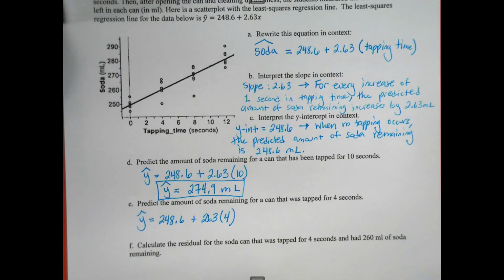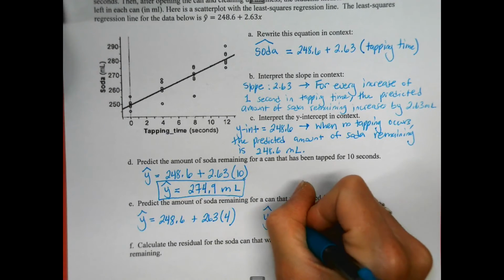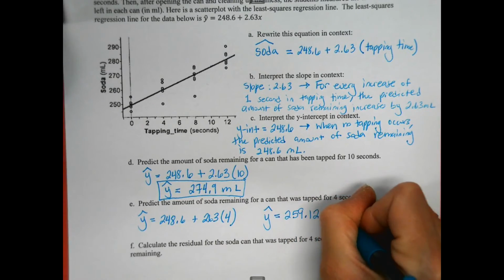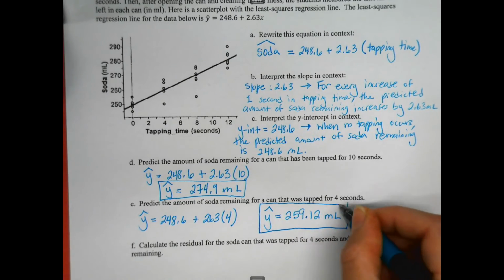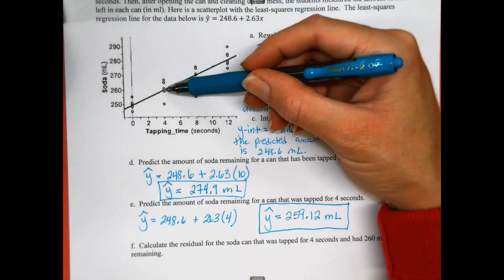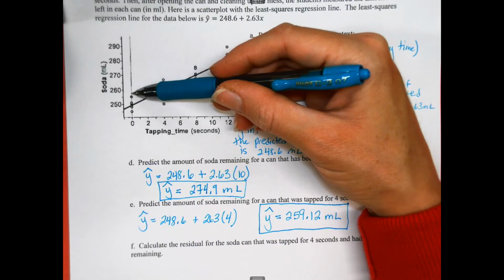And we find out that we are going to predict about 259.12 milliliters of soda. Does that make sense with our graph? We go to 4 seconds. We go to our line. And yes, that looks to be about correct.